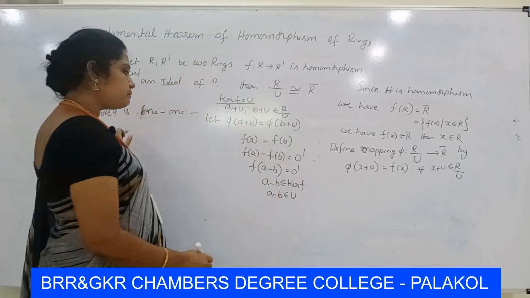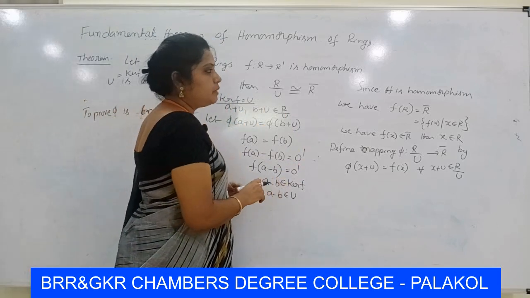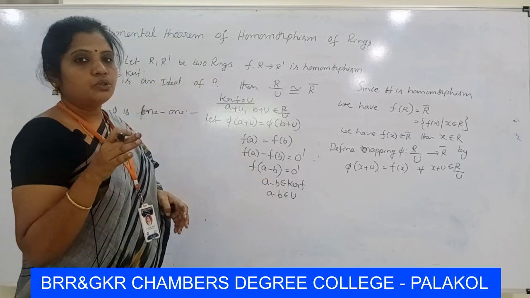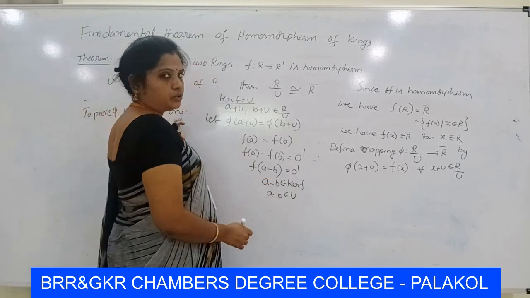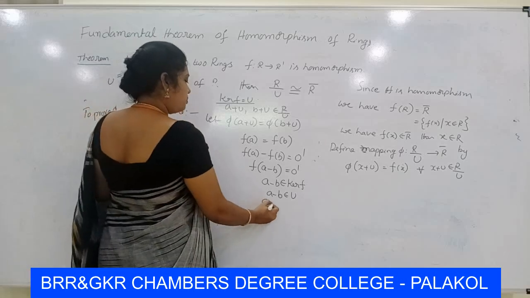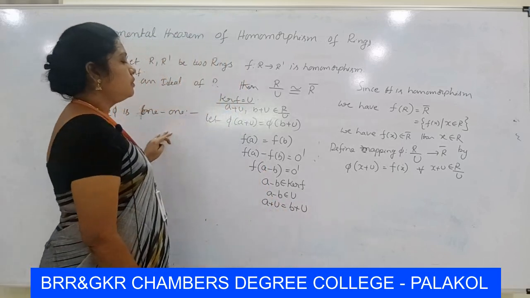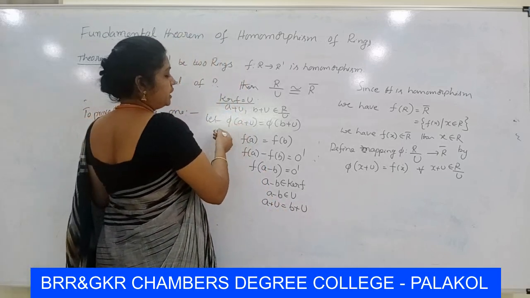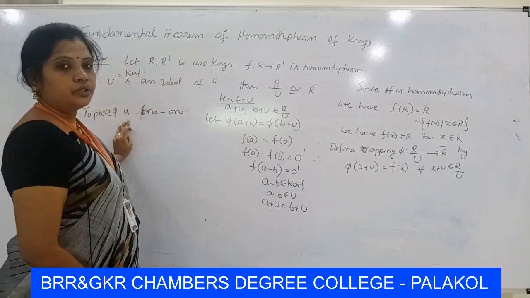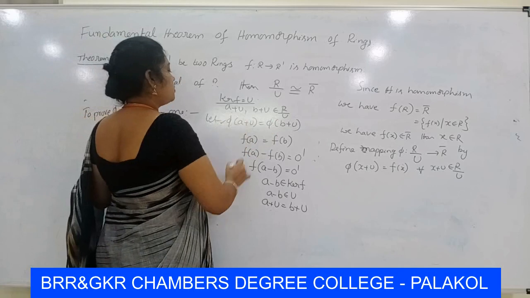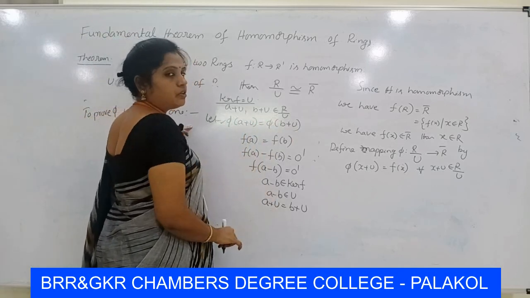Then by the coset property, A plus U is equal to B plus U if and only if A minus B belongs to U. So since A minus B belongs to U, it can be written as A plus U is equal to B plus U by the coset properties. So we take that the images of the elements A plus U and B plus U are equal, and we get that their elements are also equal.